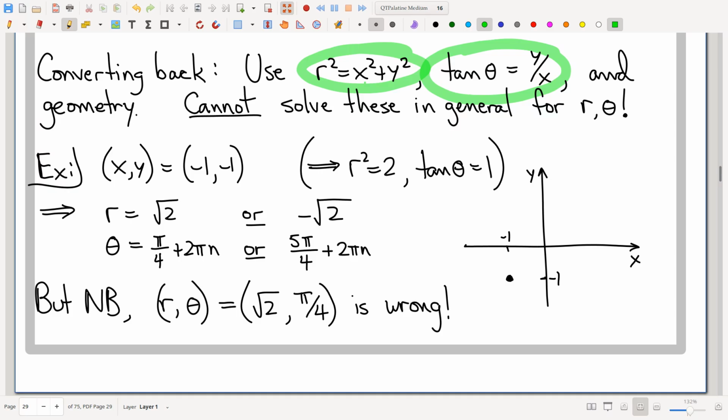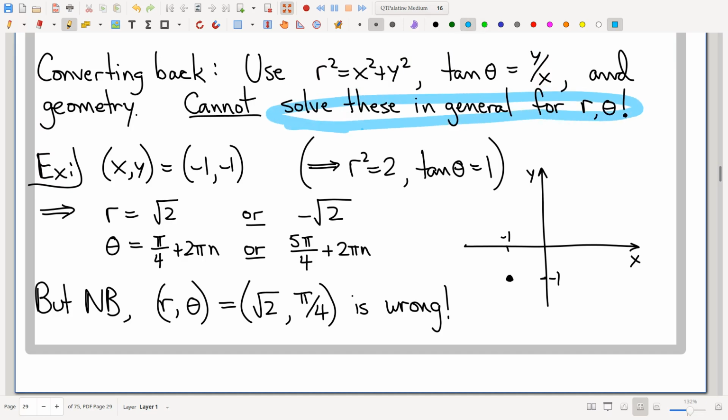Okay, what I do want to warn you against is the usual student urge to solve for r and theta. It's so tempting to want to say, r is the square root of x squared plus y squared. Very tempting. Unfortunately, it's not true. It seems like it ought to be true.